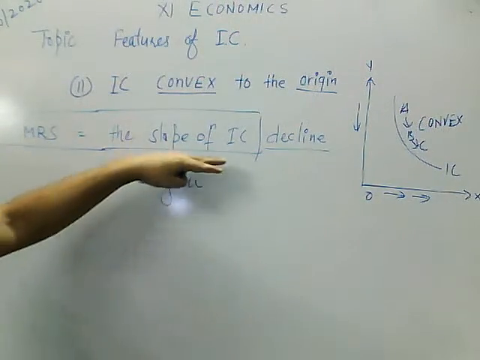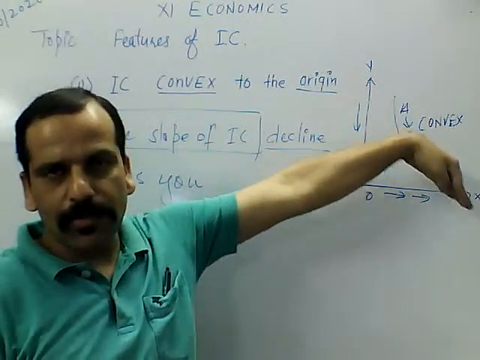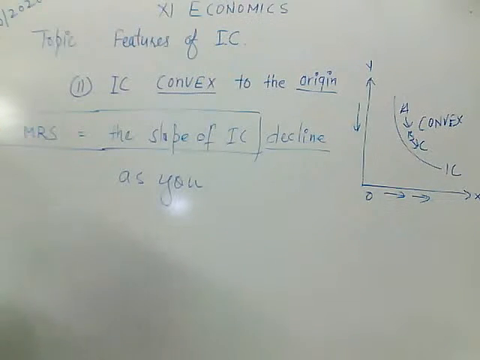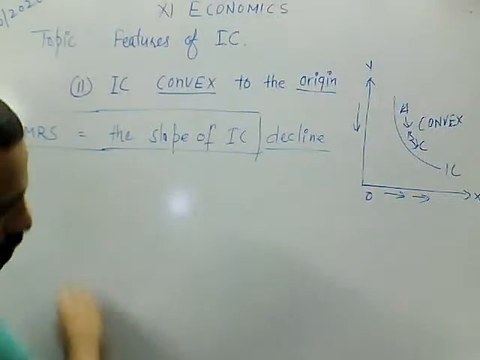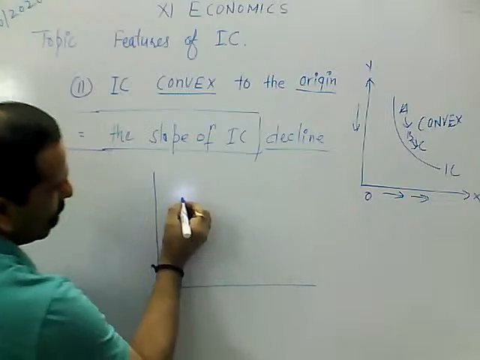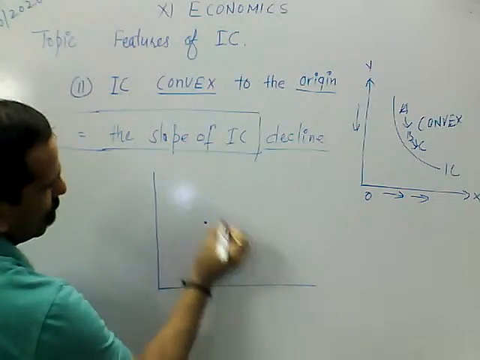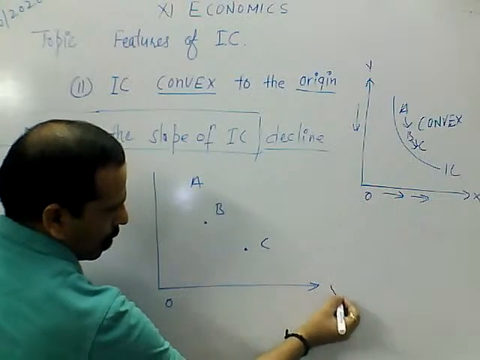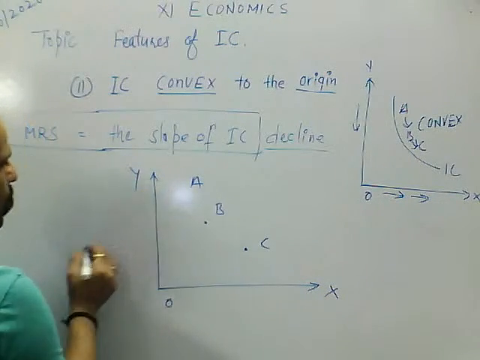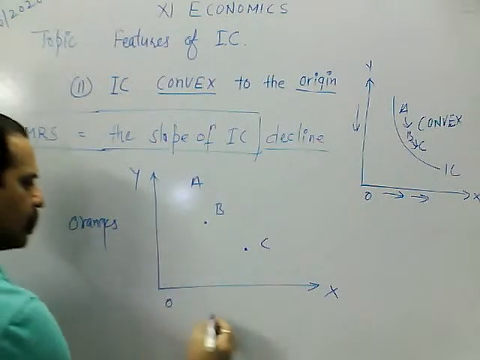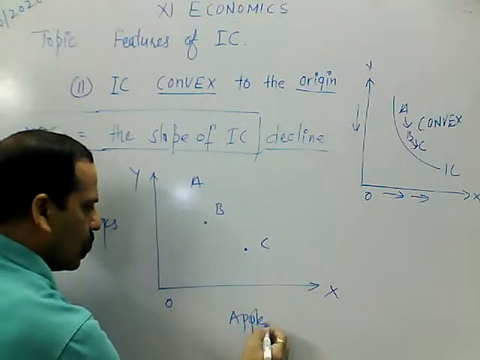The slope of the indifference curve is decided by the marginal rate of substitution. Understood or not? Yes or no? Let the combinations be A, B and C on axes O, X and Y, here oranges and apples.